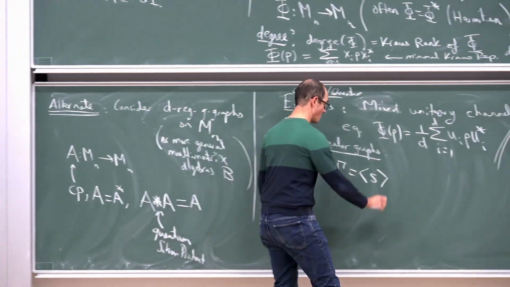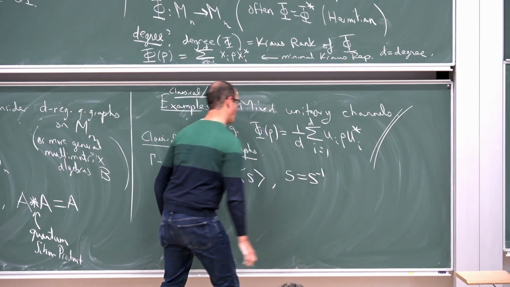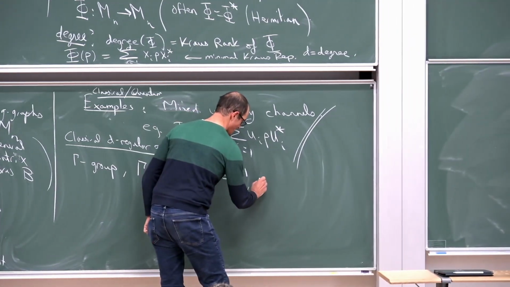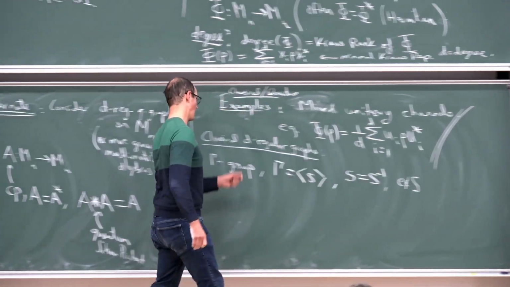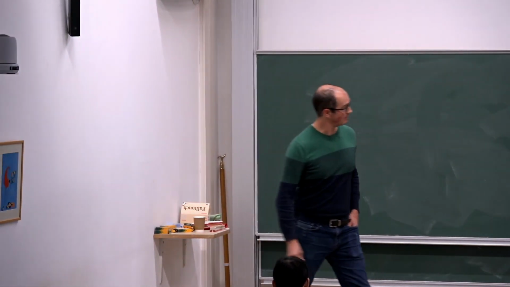So S is a subset of gamma which is symmetric, and let's assume that the unit element is not in S. Gamma could be finite or infinite.